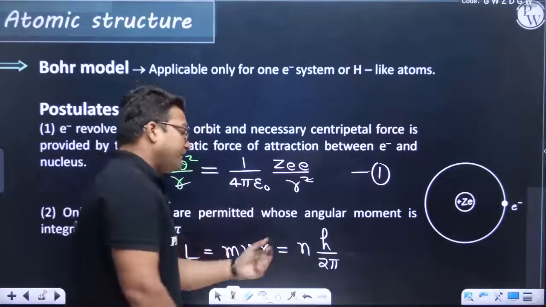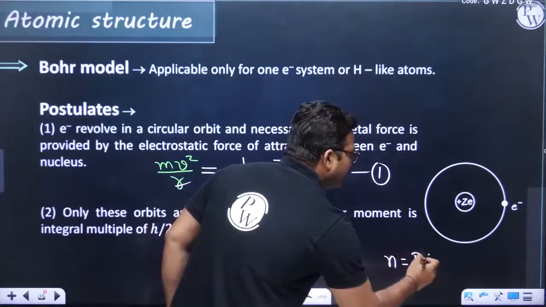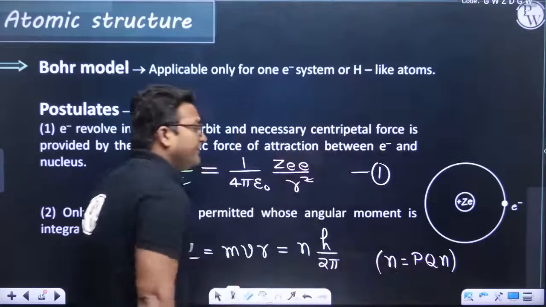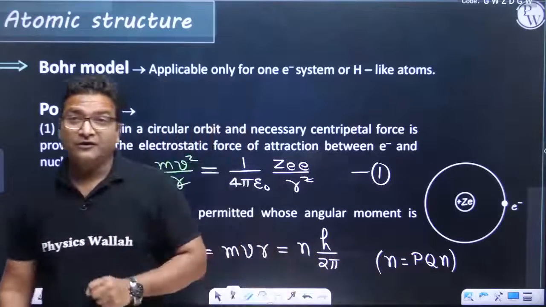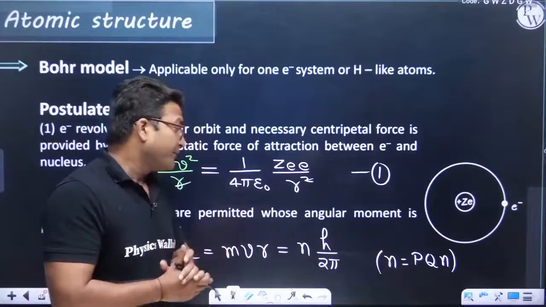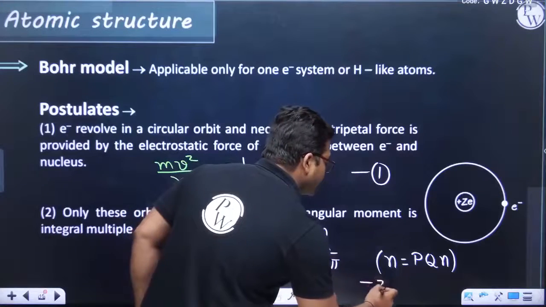So remember, n here is the principal quantum number, or you can say it represents the number of orbit. It means if n is 1, it is the first orbit or ground state. If n is 2, we call it a second orbit. Okay, so these are the two main equations. You can call this as equation number 2.